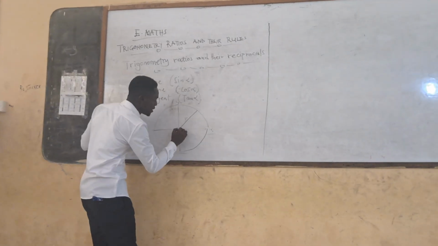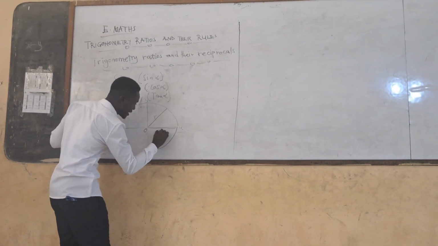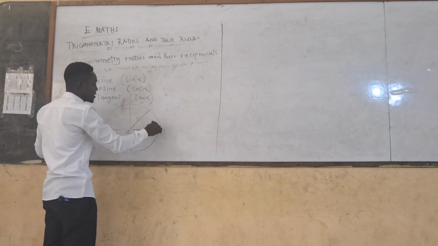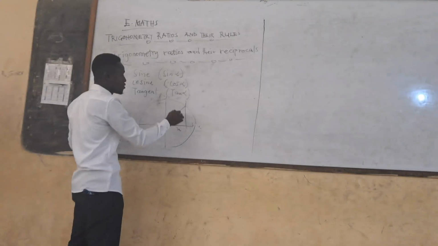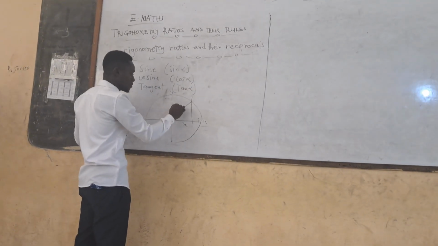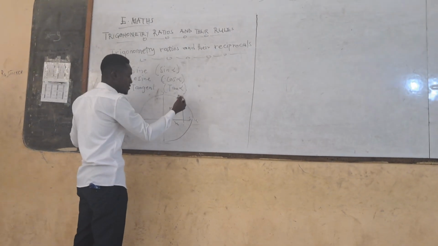Now, if the whole of this line is x and this one is y, let's bring this y here. With this, we are going to form a triangle.